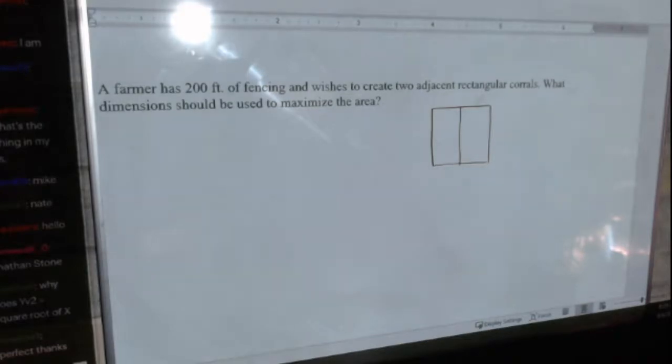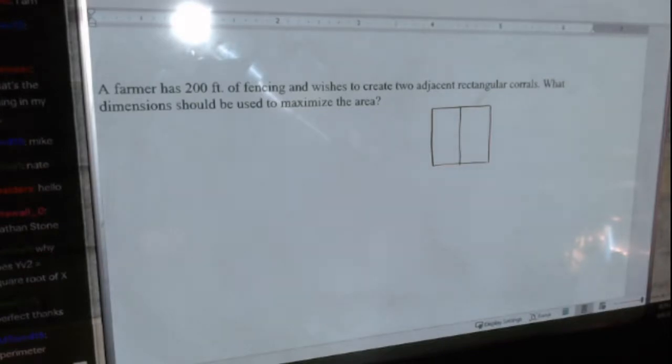All right, I'll give you some options. Do you think it's the area or the perimeter? All right, there's one answer.